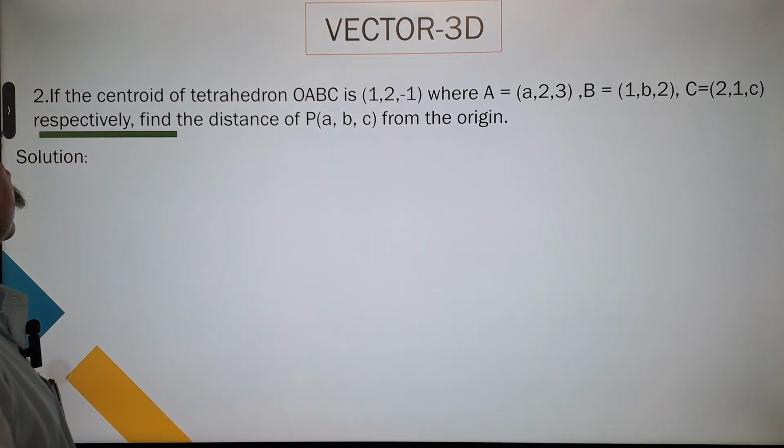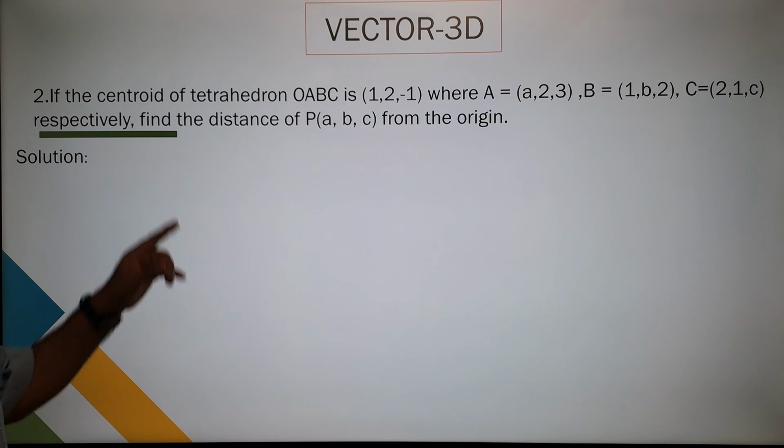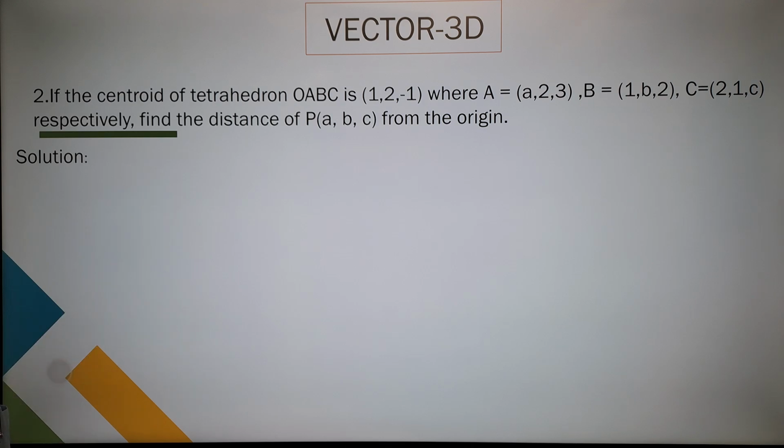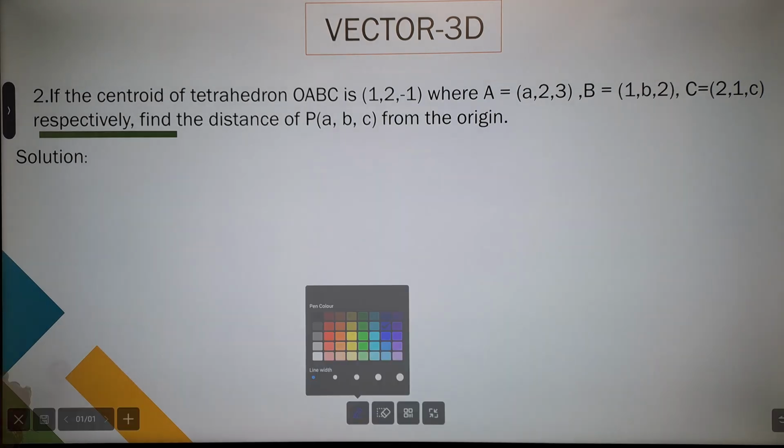Next problem: if the centroid of tetrahedron OABC is (1, 2, minus 1), A is given, B is given, C is given, then we have to find the distance of P(A, B, C) from the origin.